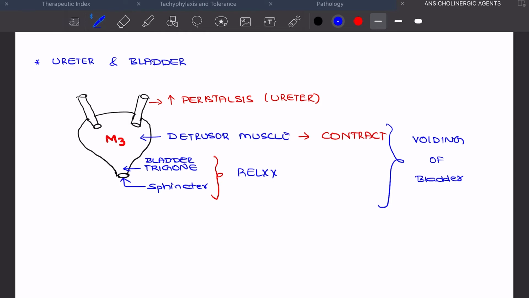Next, let us see what happens when you administer a cholinergic agent in a patient who has bronchial asthma. What is the effect on bronchial smooth muscles? You can draw a simple diagram again here.